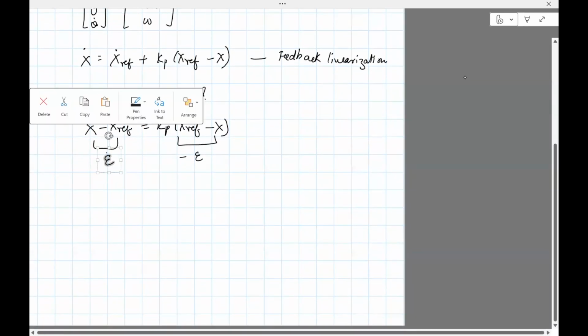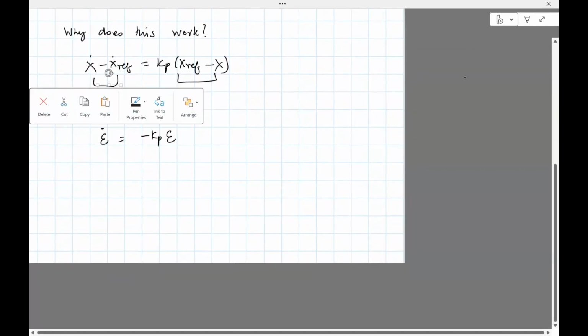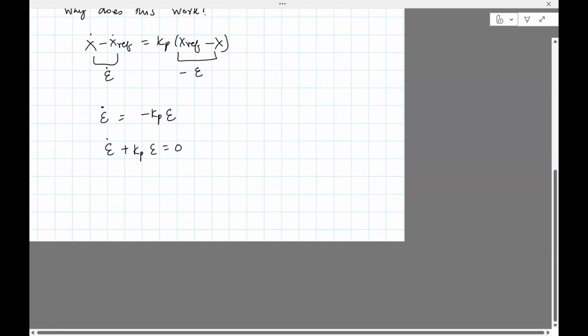So we have epsilon dot equals minus kp epsilon, so the equation is epsilon dot plus kp epsilon equals 0. And this equation, epsilon dot equals minus kp epsilon, is basically an exponential decay.